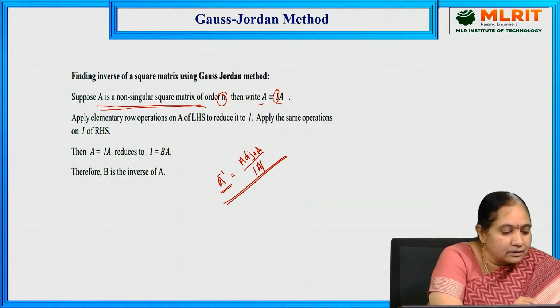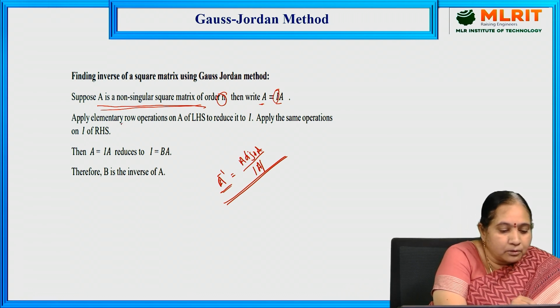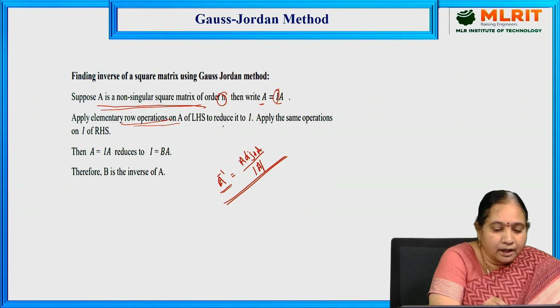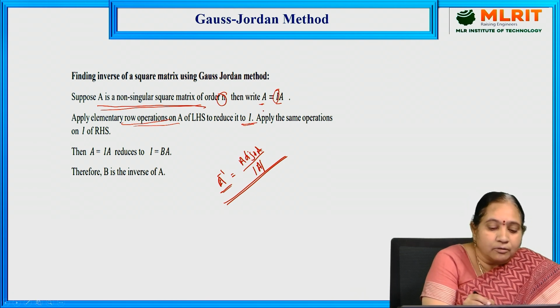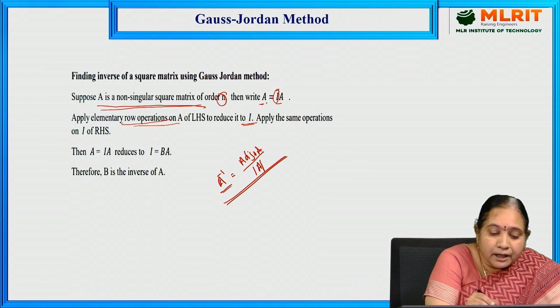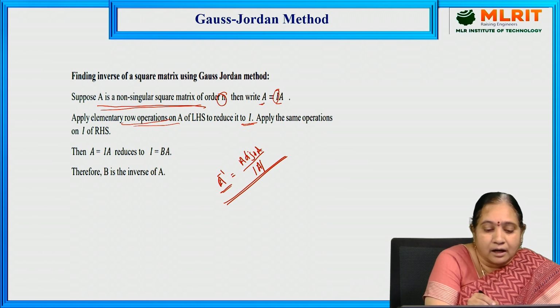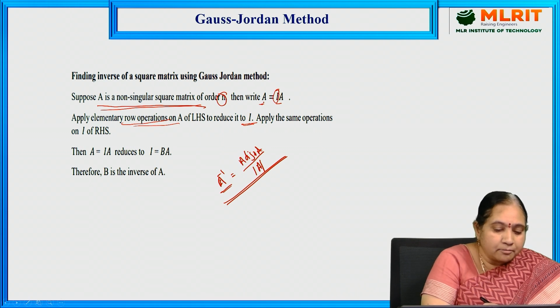Here we strictly apply row operations on A and reduce it to I. That means we apply row transformations on the LHS of the matrix A until the matrix A is reduced to the identity matrix.